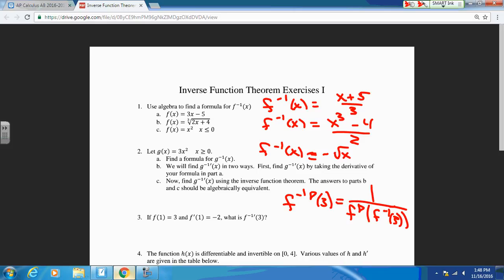And now I need to go back to the information to find f inverse of 3. What I find is that f of 1 is 3, so that means that f inverse of 3 is 1. And I can now replace f inverse of 3 with 1 on the inside. And f prime of 1 is given to me as negative 2.